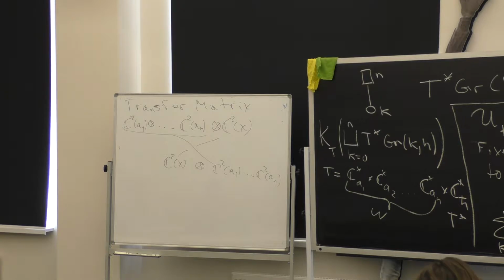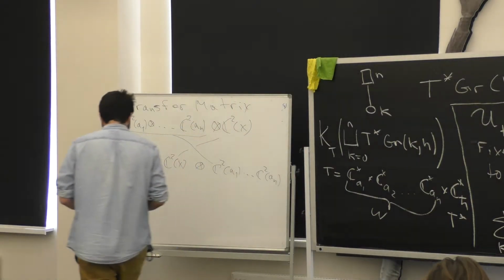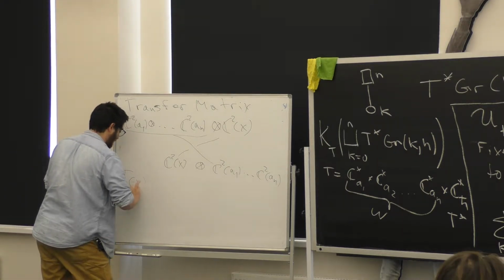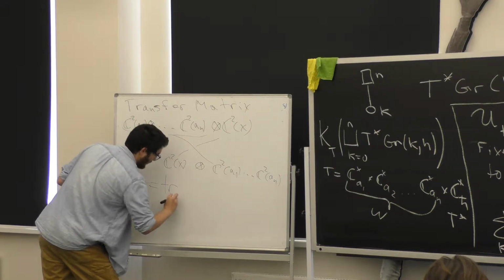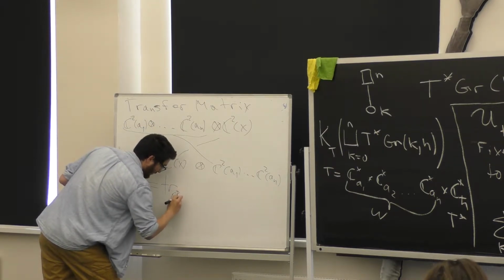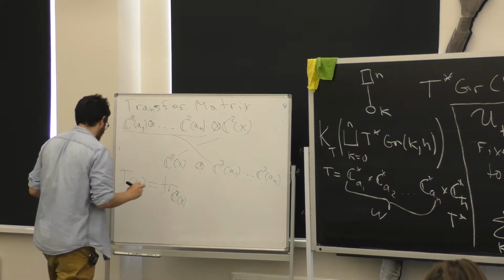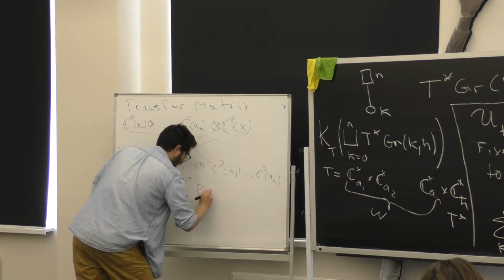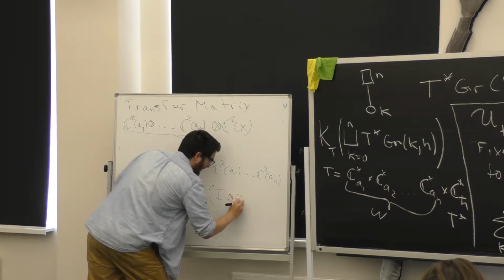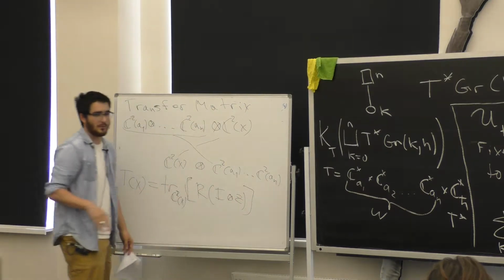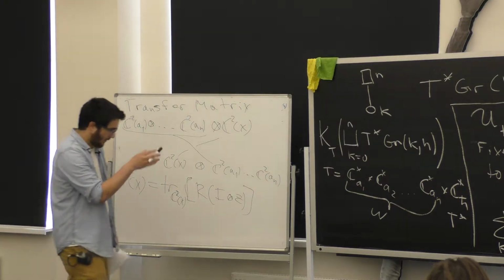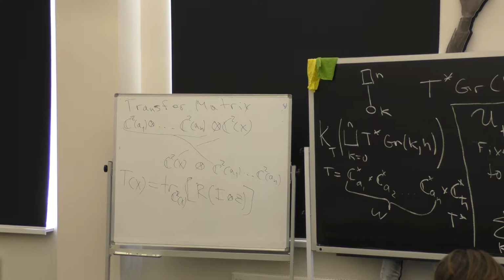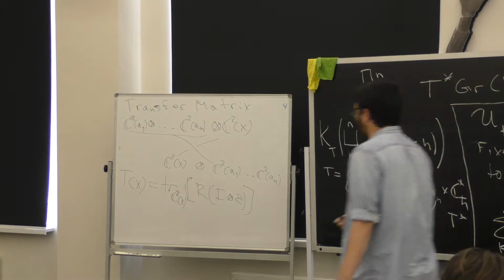So let me grab my cheat sheet for the future. First of all, the transfer matrix is a partial trace of this. So T of x is the trace over C squared of x of the R matrix, the identity also tensor with z. This z is just a weight parameter for the trace, and it will be identified with a quantum parameter. So this becomes an operator on the space.